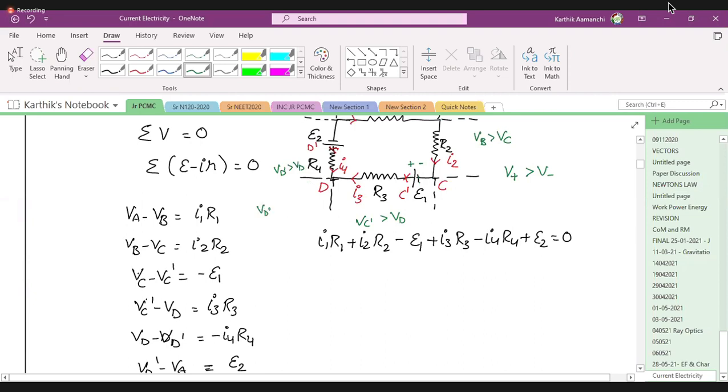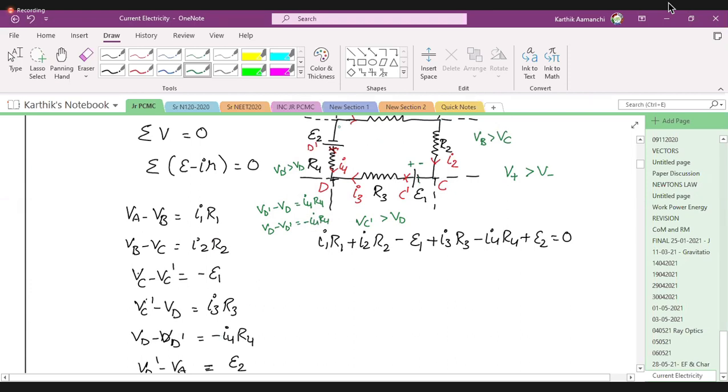VD dash minus VD should be equal to I4 R4, isn't it? So VD minus VD dash will be minus I4 R4.